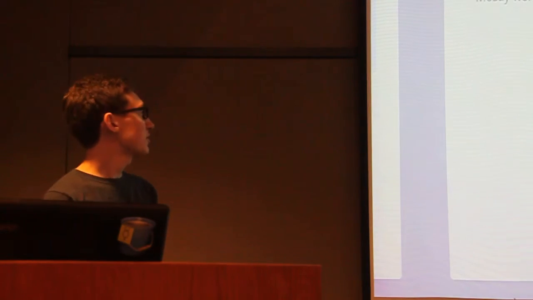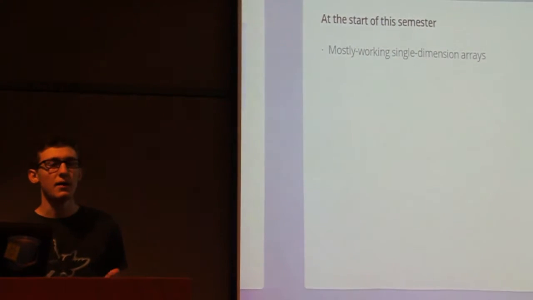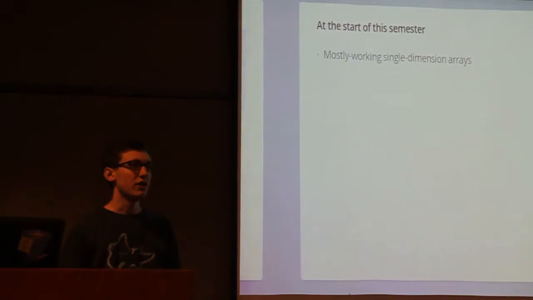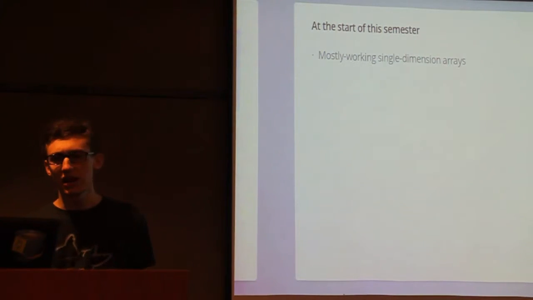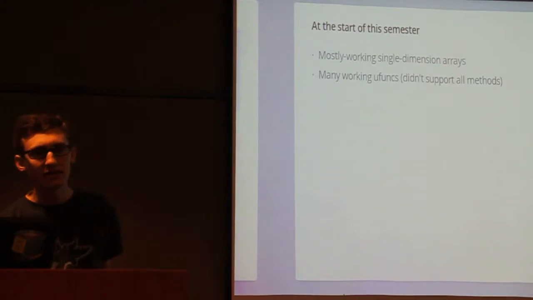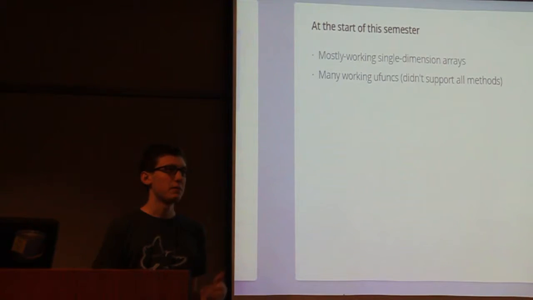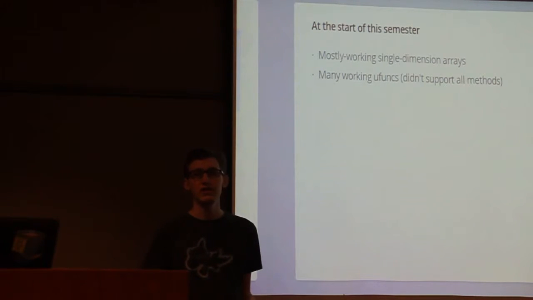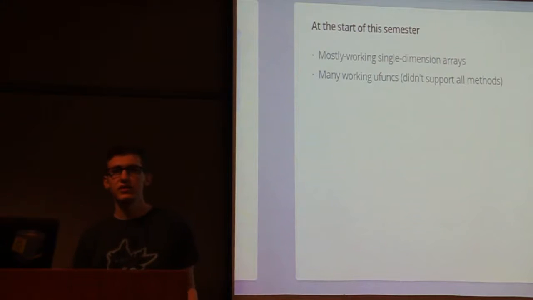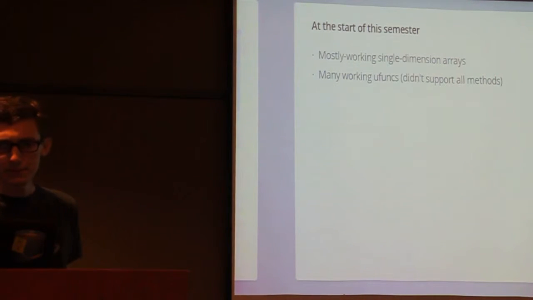At the start of the semester, we had mostly working single-dimensional arrays with many of their methods. You could read values, you could write values for various data types. We had many working universal functions, all the basic ones: add, divide, sine, the trigonometric ones, the basic arithmetic ones. But they didn't support all their methods, so you could only do the very basic calling interface with them.